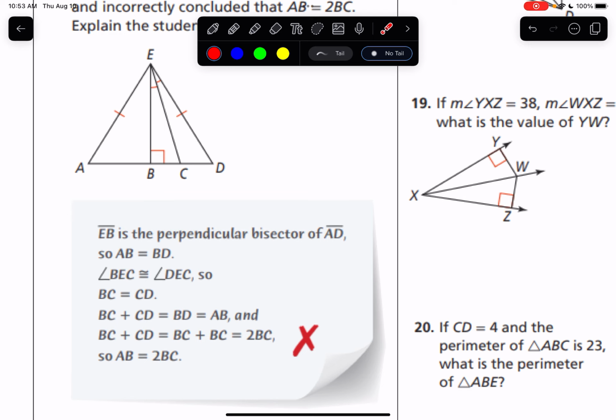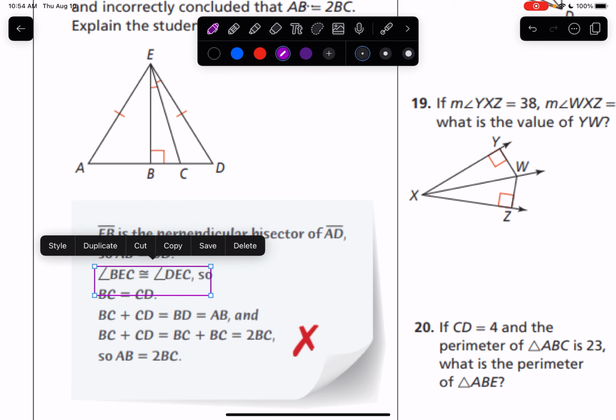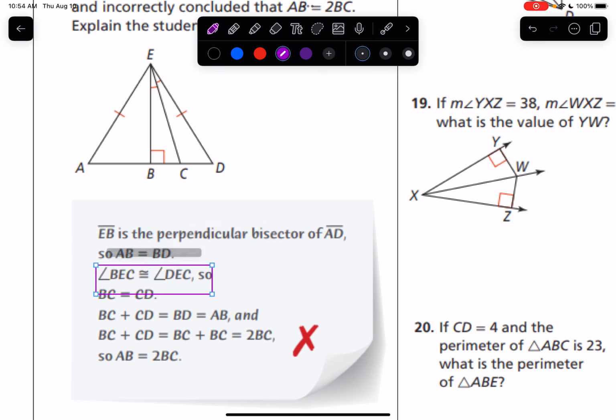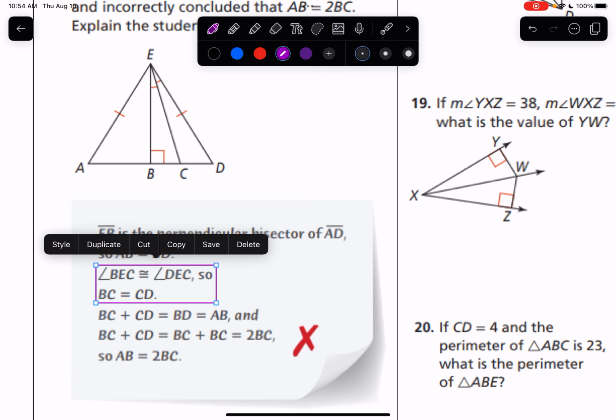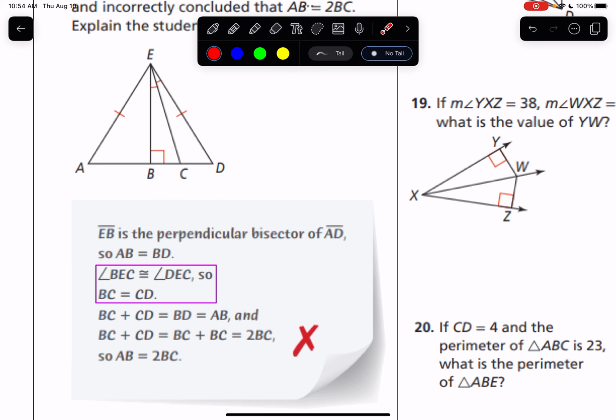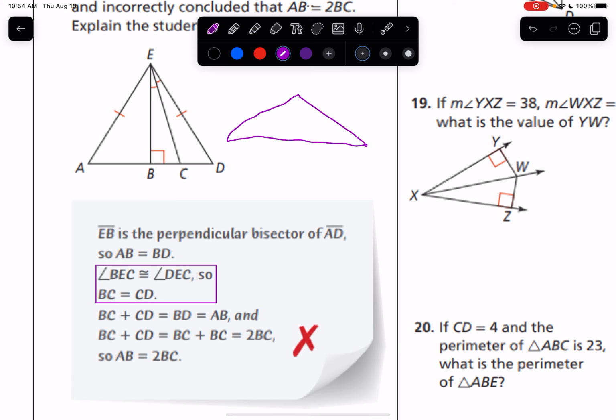The problem with this is this step right here. If angle BEC and angle DEC are the same, which they are, as shown on the diagram, that does not necessarily mean that this side and this side are the same. So if I were to draw a much more exaggerated version of this triangle, you'd be able to see better.